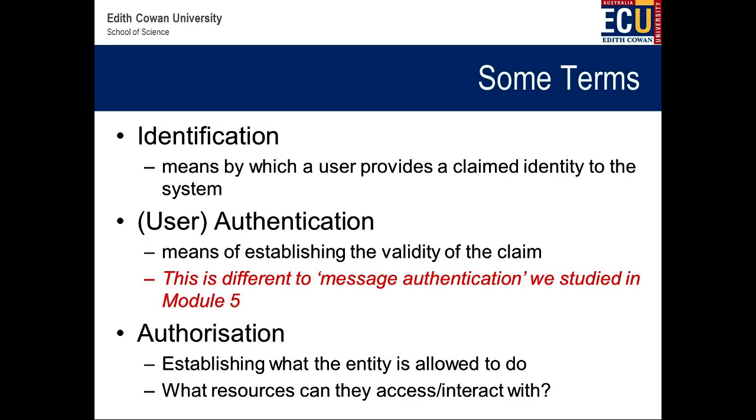As I have mentioned earlier, this user authentication is different to message authentication, which we studied last week. In message authentication, the 2 parties ensure that the message sent from party A to party B is received as the actual message, not altered, and that it has been received from the authentic entity.